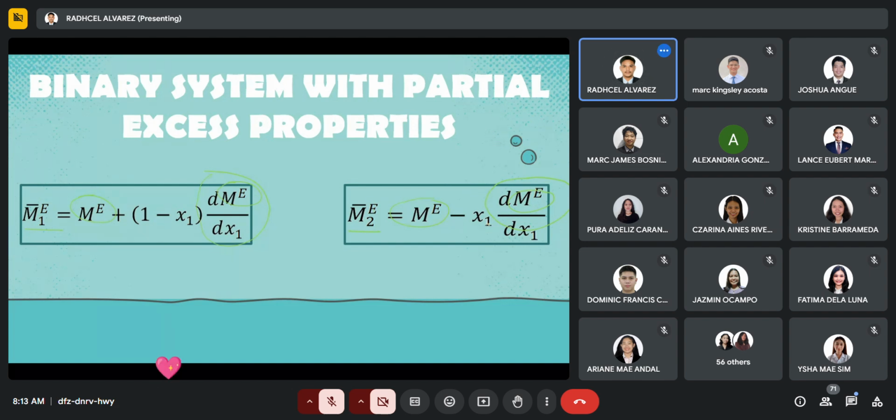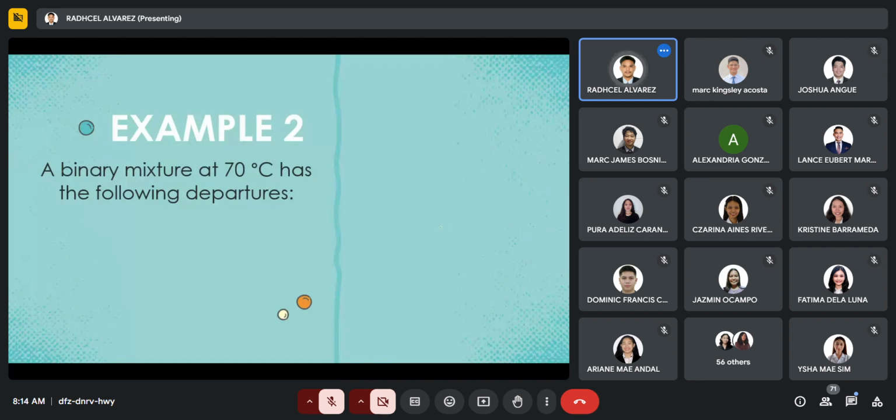Can you still follow? Yes po. Okay. So, again, this is the formula for your partial excess properties. So, let's try to solve. Example: a binary mixture at 70 degrees Celsius has the following departures.